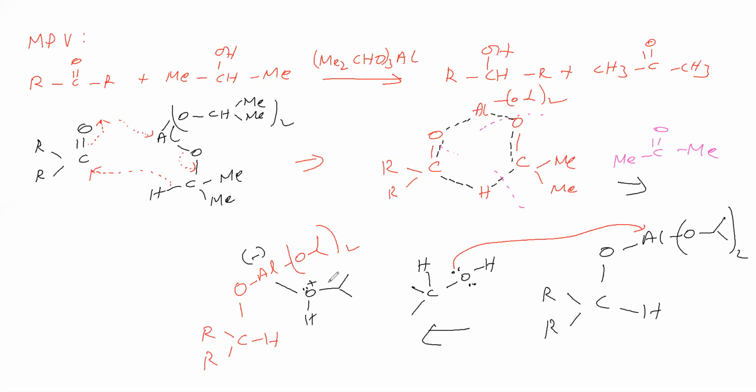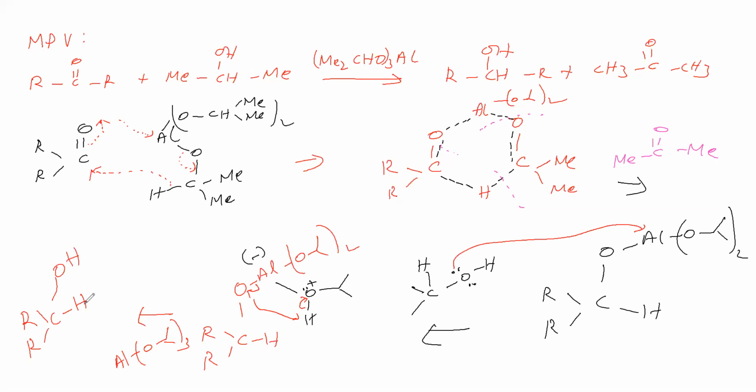So what is the next step? This bond will migrate. This will attack this H. So what is leaving? Now aluminum isopropoxide is leaving. This is becoming R CHOH.